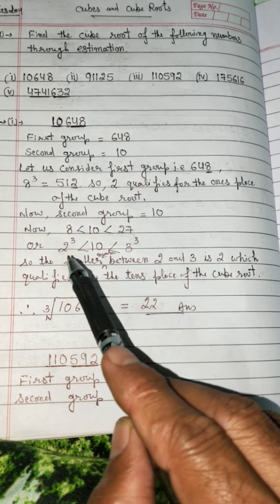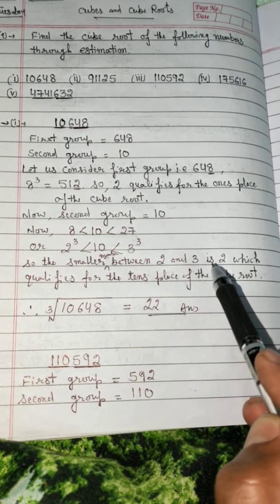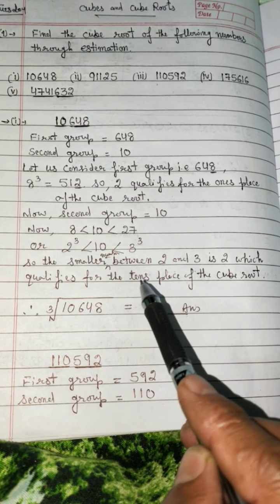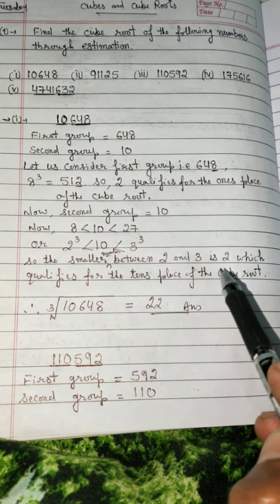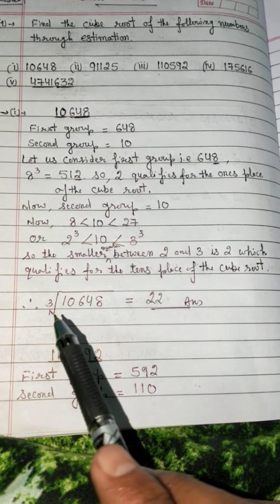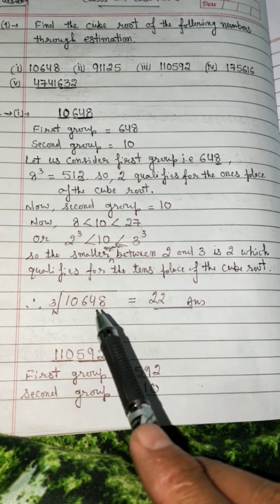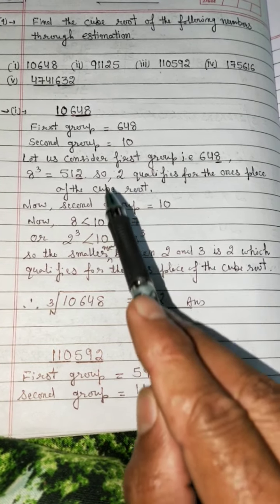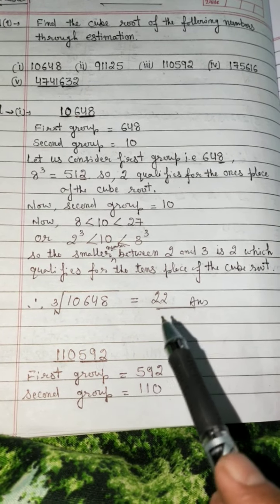So the smaller number between 2 and 3 is 2, which qualifies for the tens place of the cube root of the given number.